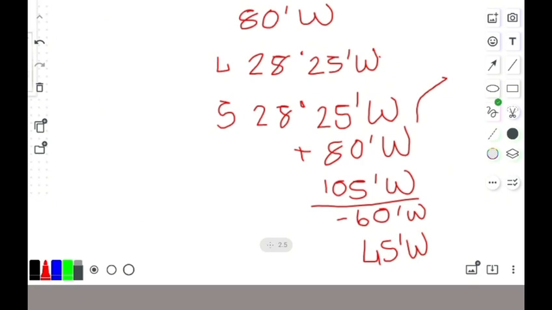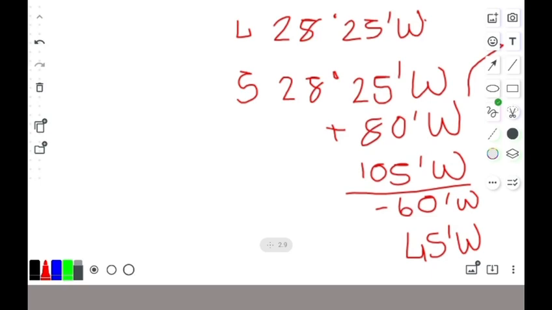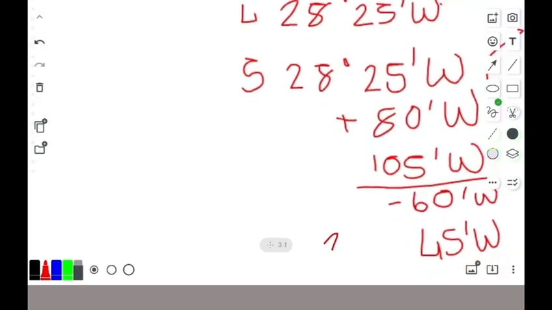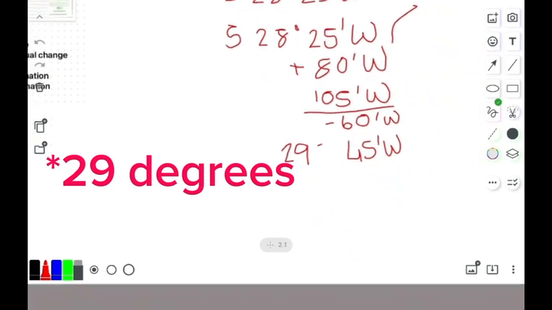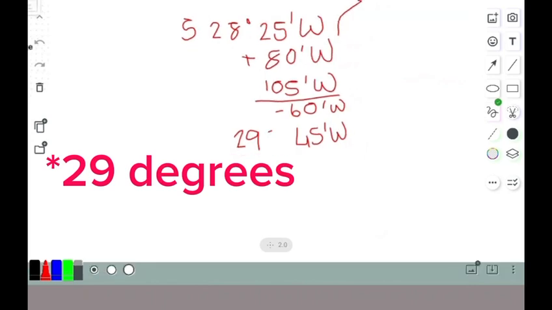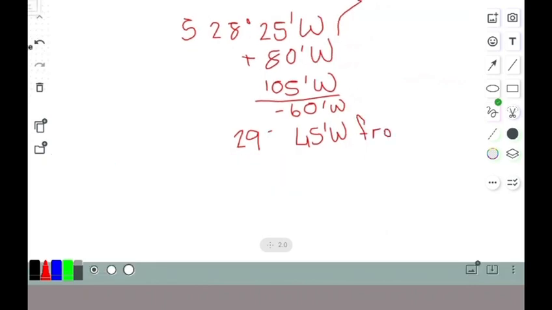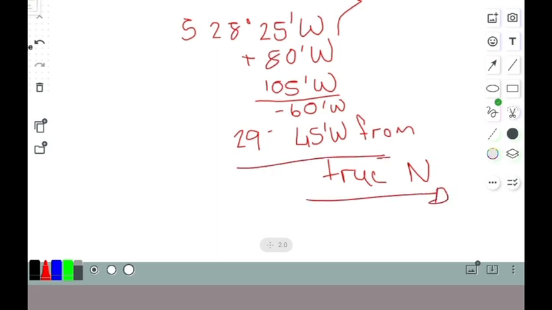We now take the extra 1 degree and add it to the original 28 degrees. So 28 plus 1 gives you 29. But that is not your final answer, because you must say west of north. And that is your final answer.